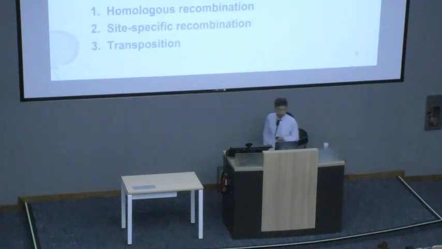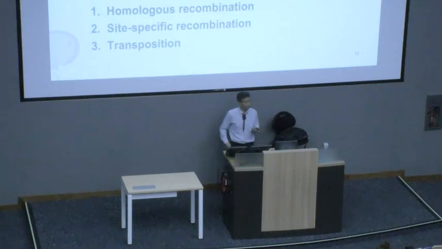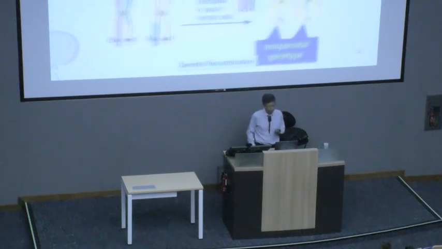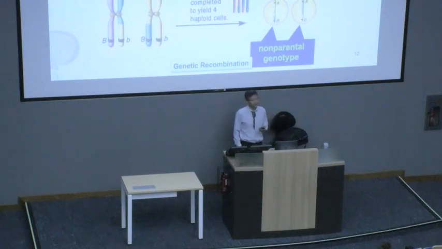We're going to cover 3 different types of recombination: homologous recombination, site-specific recombination, and transposition. We'll spend a little bit more time on homologous recombination, which we learned in topic 1, between non-sister chromatids.